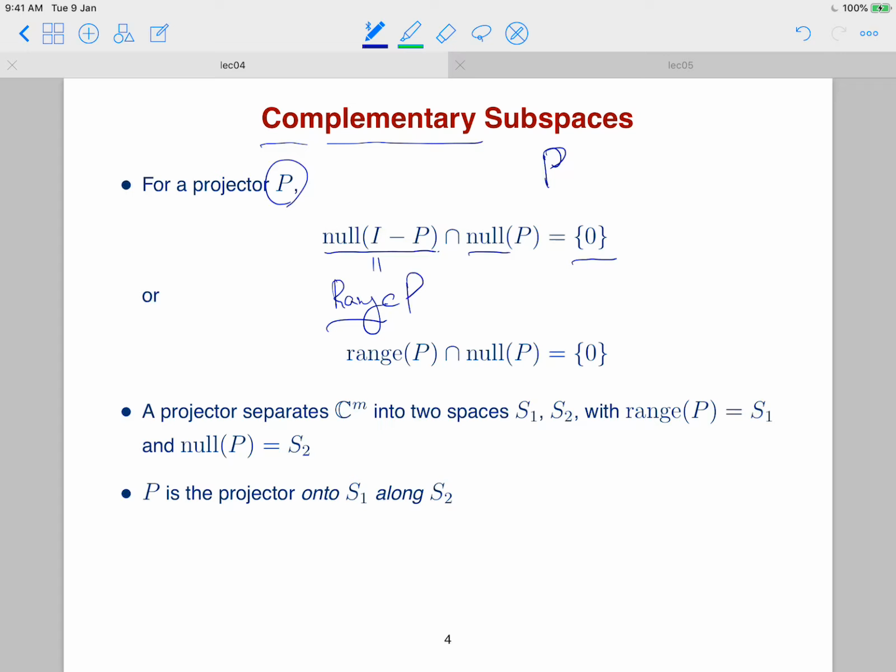The question is, we are given this n by n square matrix, right? And then consider its null space and also the column space, and they have no overlapping vector. I mean, they only have the 0 vector as an overlapping one. So how do we prove that?